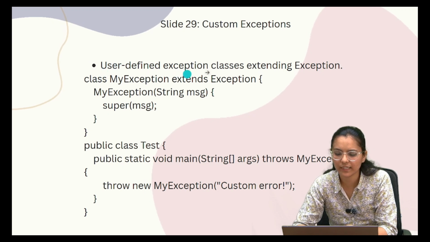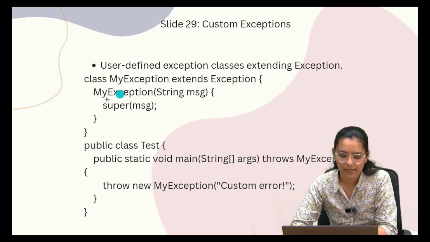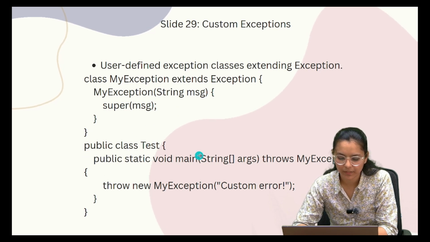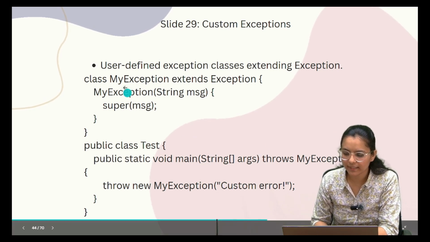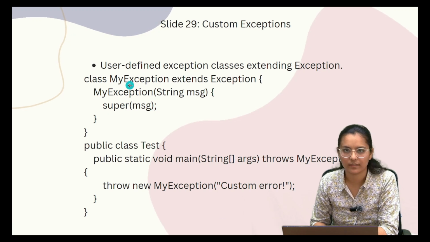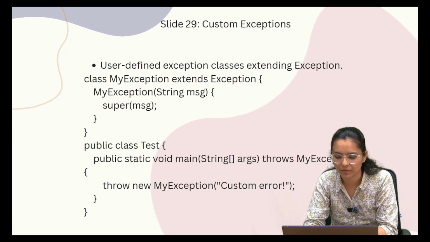Here the user-defined exception class extends the Exception class: MyException extends Exception, and in MyException(String message) we call super(message). Then we create a class with the main method, and here we throw the exception: throw new MyException, and we give the string "custom error". MyException is our own exception, called a custom exception.